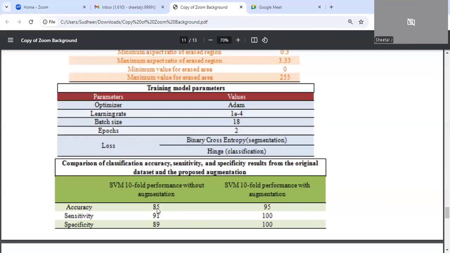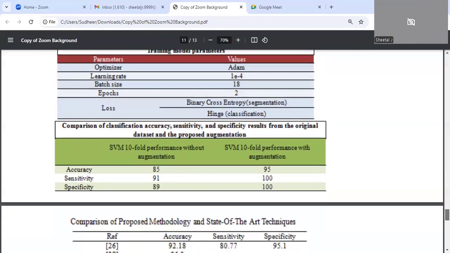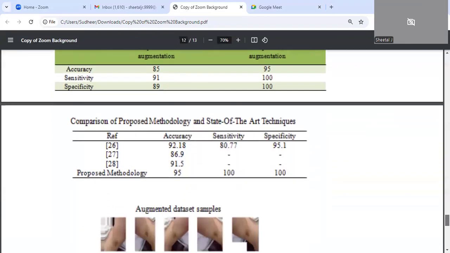It is observed that before augmentation the accuracy was around 85, sensitivity around 91 and specificity around 89, but after augmentation it is drastically improved to 95% accuracy and 100% sensitivity. We also compared the proposed methodology with existing techniques, with several references taken from papers. There we can observe accuracy around 85%, 91%, etc. But our model is able to obtain 95% accuracy, and sensitivity and specificity of around 100%.